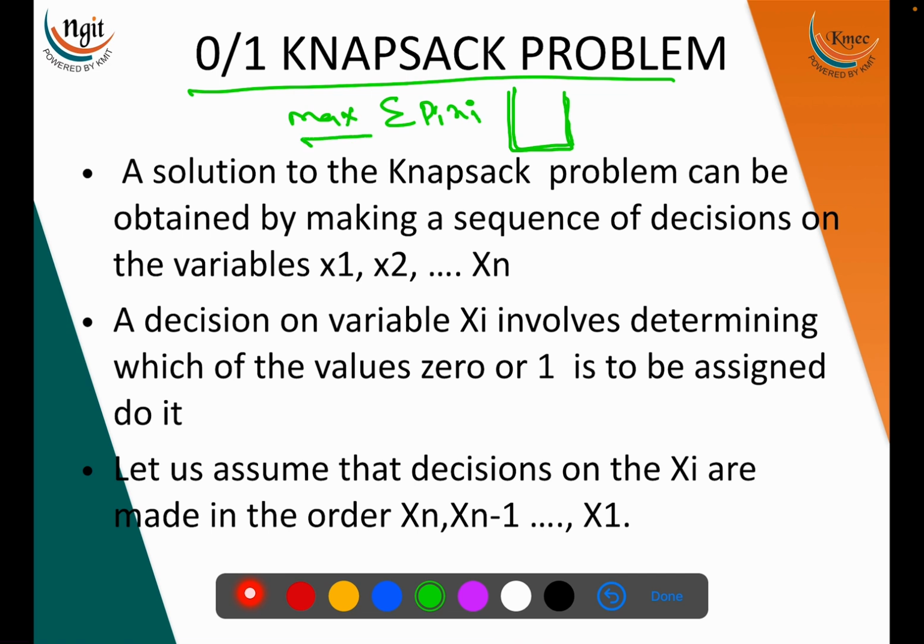The second is that the weight of all the items should not exceed the capacity of the bag. We'll keep these two things in mind and find the solution for the problem.